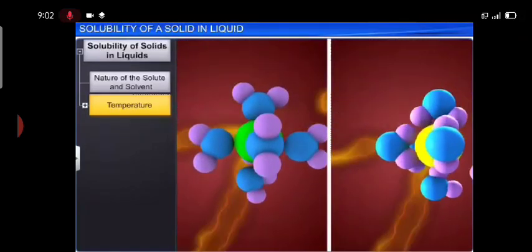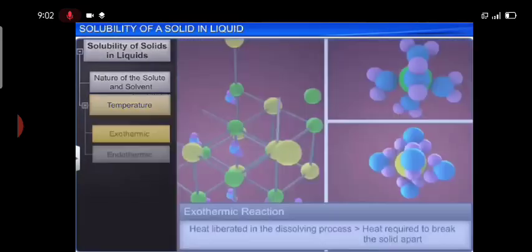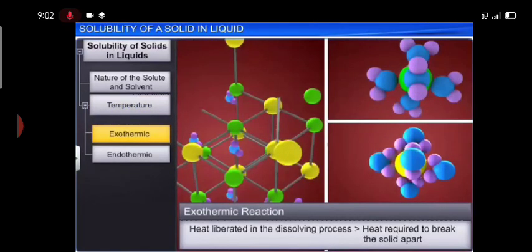If the heat liberated in the dissolving process is greater than the heat required to break the solid apart, the net dissolving reaction is exothermic, as energy is given off in the process.